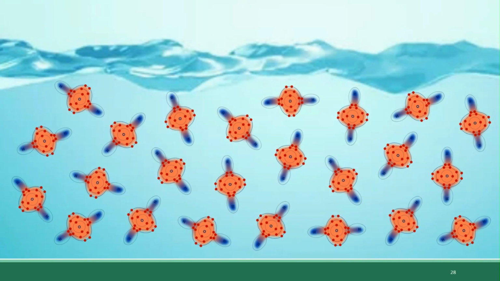That's because when you're looking at a body of water or water inside of your cells or inside an organism, you're not talking about just one water molecule, but many, many water molecules together. When you have a collection of water molecules like this, the positive end of one molecule is attracted to the negative end of another molecule.